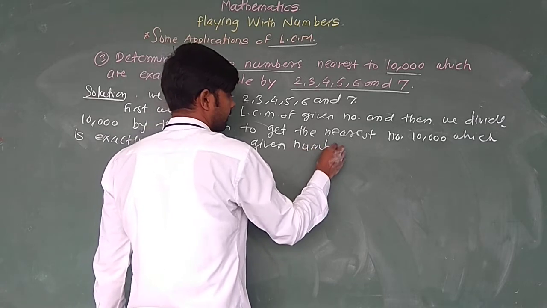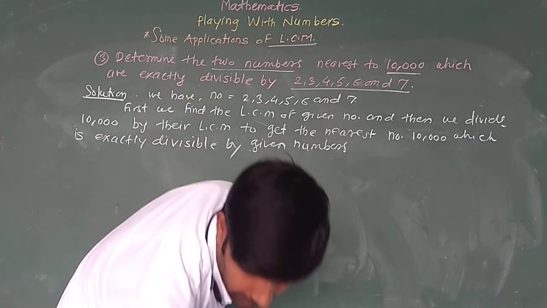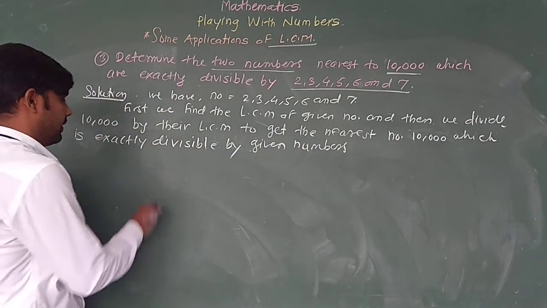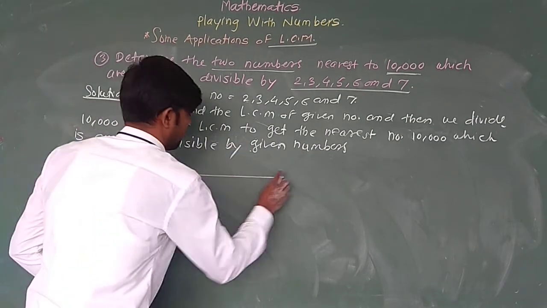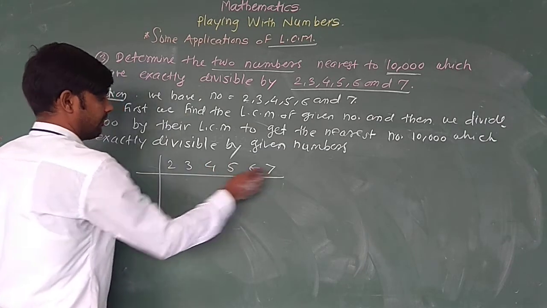Got it? So find out the LCM here. It's very simple again: 2, 3, 4, 5, 6 and 7.